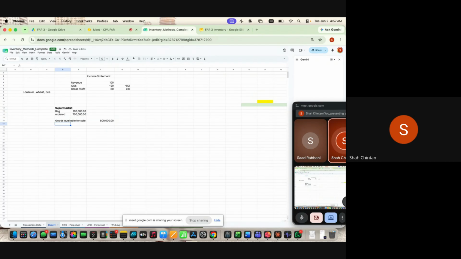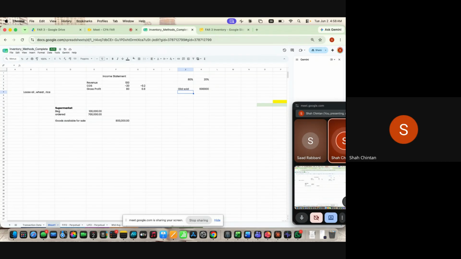I have no idea. But I know that for the last 5 years in the oil segment of my company, I'm making 80% gross profit, or 20% cost of sales. And let's say throughout the year I have done sales of, hypothetically, $6 lakh of oil. So I have a machinery QR code, customers are buying, and I know oil sold during the year was 6 lakh.